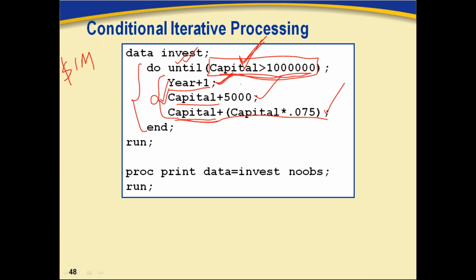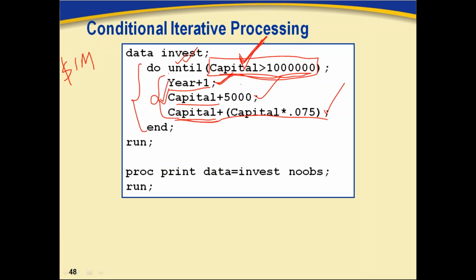So you first execute the statements and check for the condition. If the condition is true, then you have to stop executing the statements. Earlier in the do while loop, if the condition failed, we stopped executing. Here, if the condition is true, we have to stop.